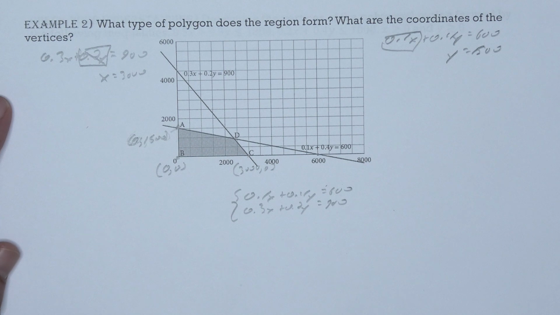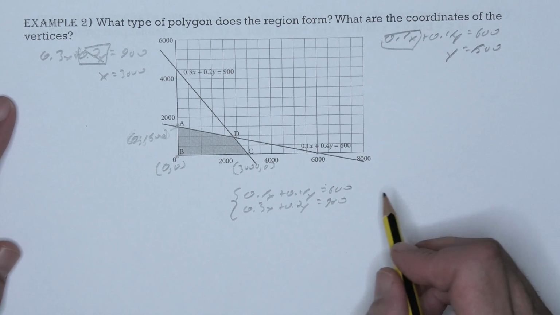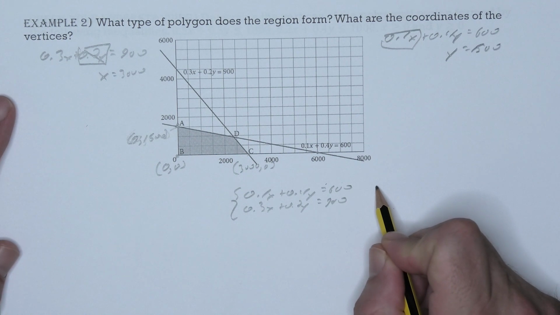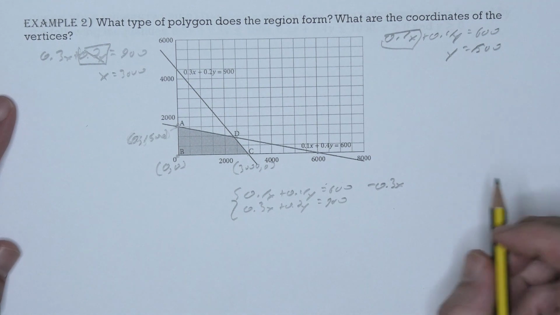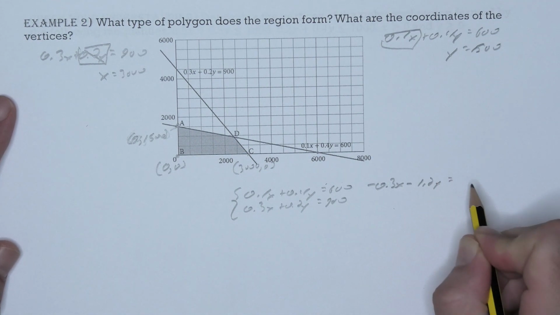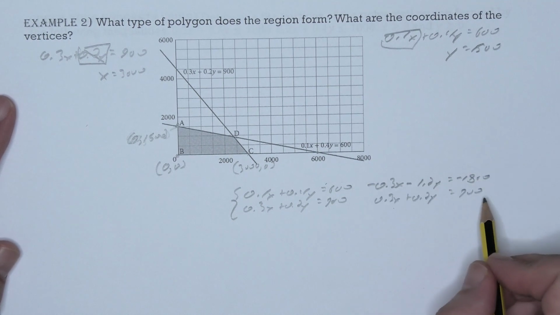To find D, we need to find the intersection of these two lines. So it's a system of equations, and we're going to use the elimination method for it. We're going to multiply the top equation by -3, giving us negative 0.3x minus 1.2y is equal to negative 1800. The second equation will remain the same.